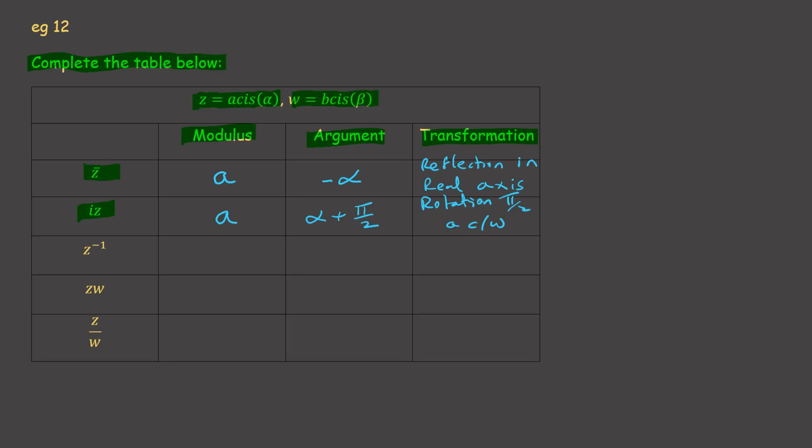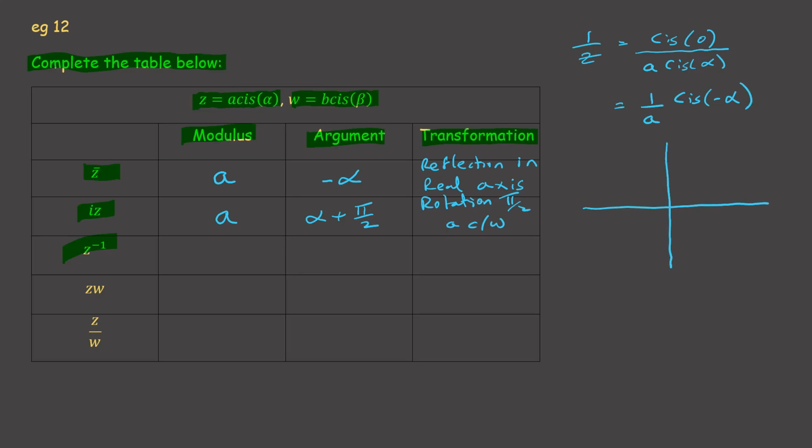Okay, the next one is Z to the negative 1, or if you like, 1 over Z, which is cis 0 over A cis alpha. So that's going to be 1 over A cis negative alpha. So what we have there, if we say this was our Z, it's going to be down here.